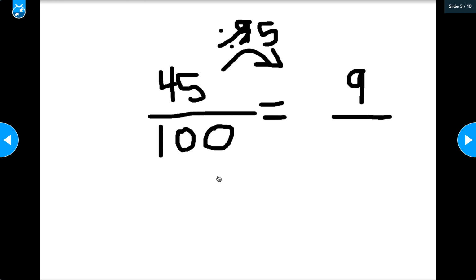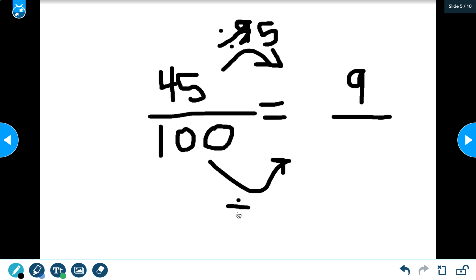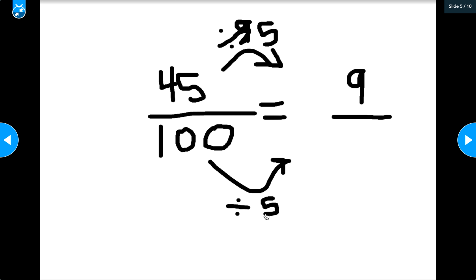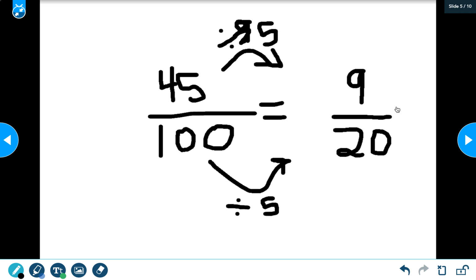And then you can divide 100 by 5, and you get 20. So 45% is equal to 45 over 100, and when you simplify that, you get 9 over 20. Okay, back to the next example, 109%.